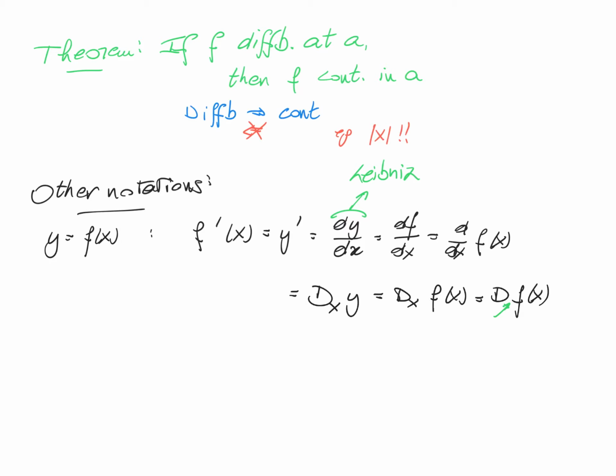Here we omit the subscript if there is no confusion possible towards which variable we are differentiating. So we omit it if the variable of differentiation is clear.